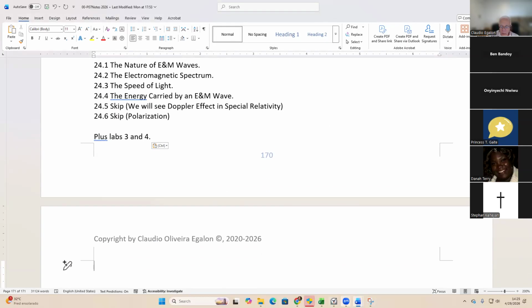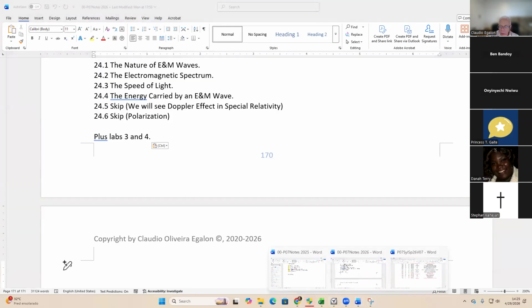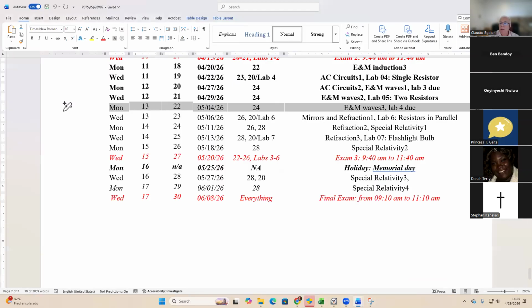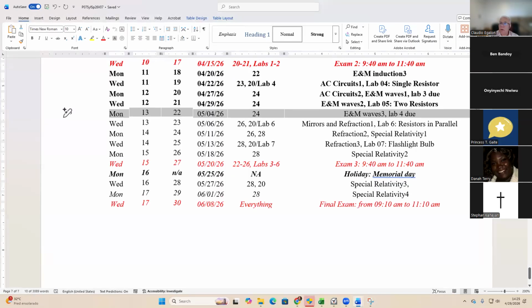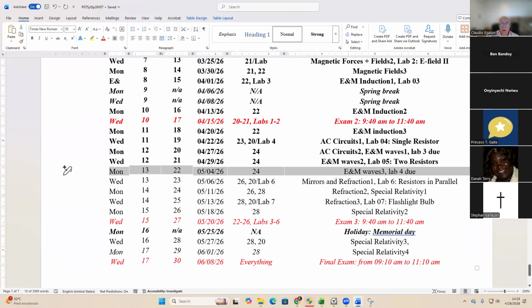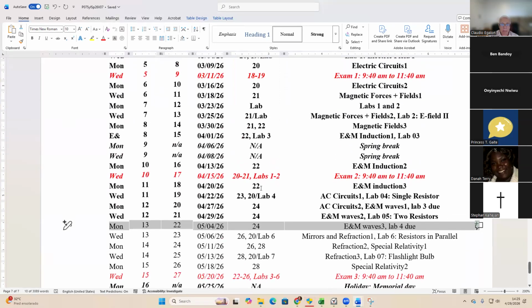Let's take a look at the syllabus. Syllabus right here. So sorry, we had lab 1 and 2 for the second exam. So far, we are going to have lab 3 for the second exam and lab 4 as well.